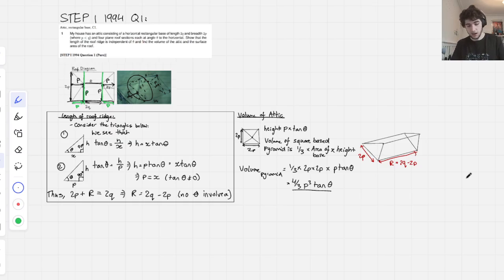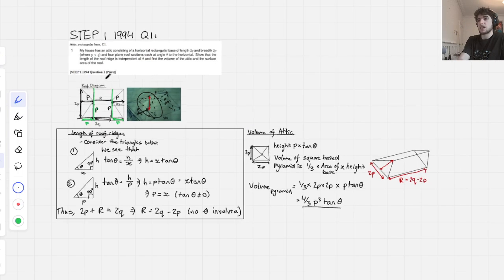The other thing is what's the height, because we need to calculate the area to calculate the volume of the triangular prism. We need to calculate the area of the triangles on its ends, and to do that we need to find the height of the triangle. Effectively, we know that the height of the triangles on its ends is going to be the same as the height of our attic, right? Again, just literally look at the diagram.